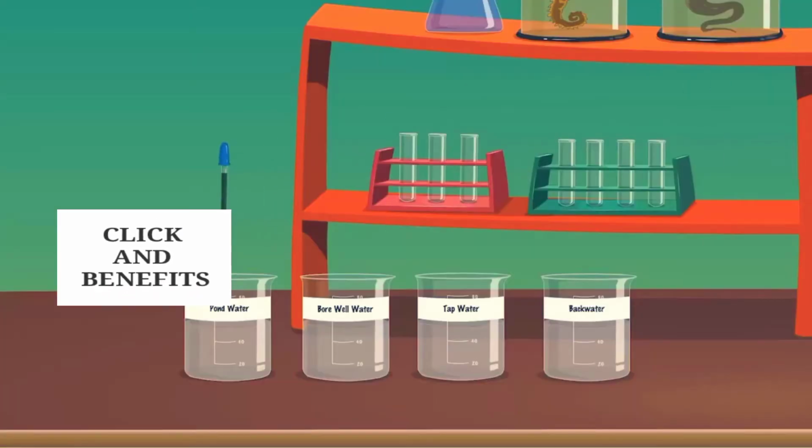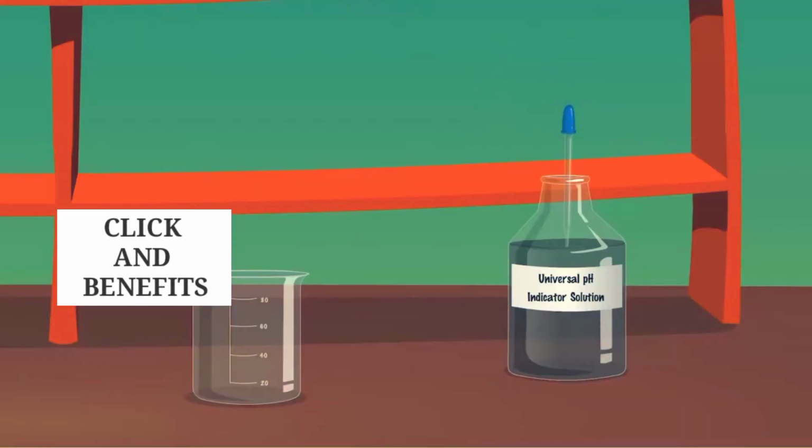Put 5 drops of indicator solution into the beakers that contain water samples from the pond, borewell, tap water and backwater.